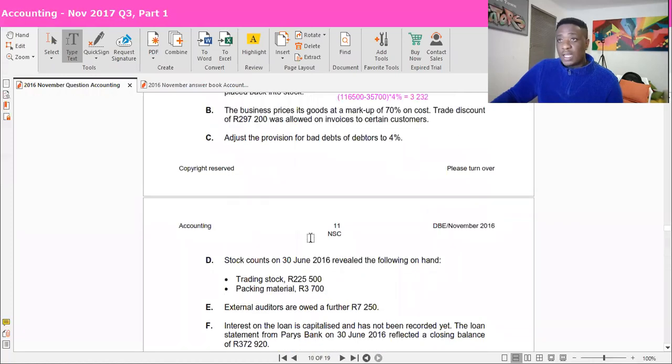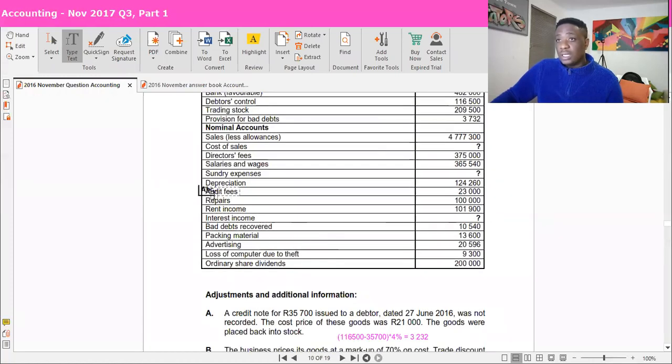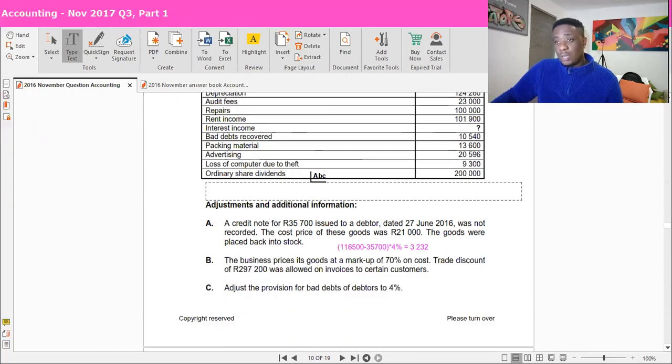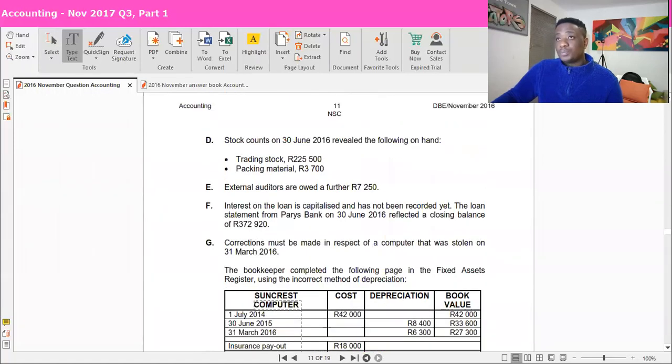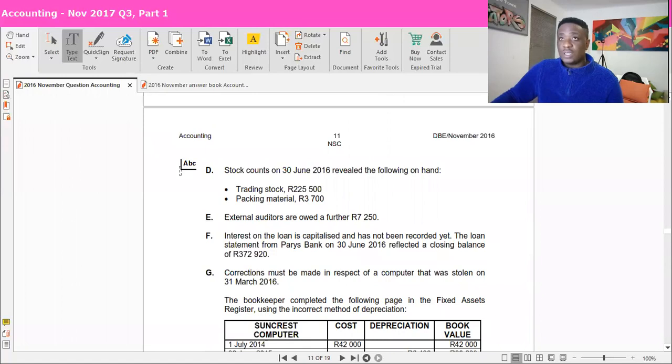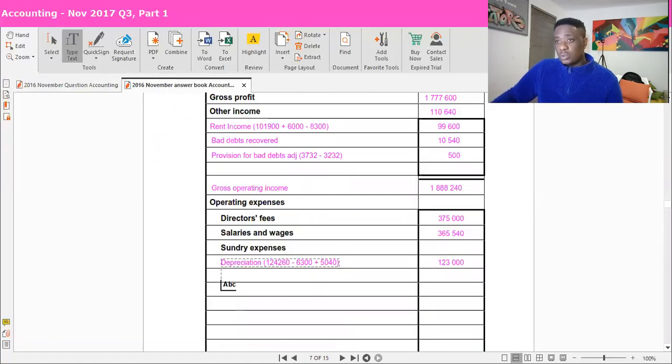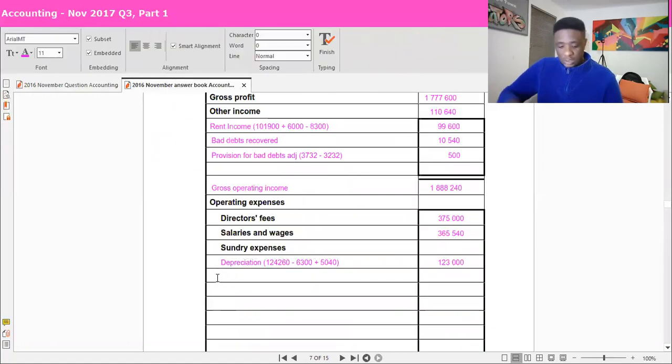The next expense that we'll be dealing with is audit fees, given as 23,000. We had some information that related to audit fees. So you need to go to information E. They say external audit fees are owed further 7,250. So what you simply need to do is to just go here and say audit fees.